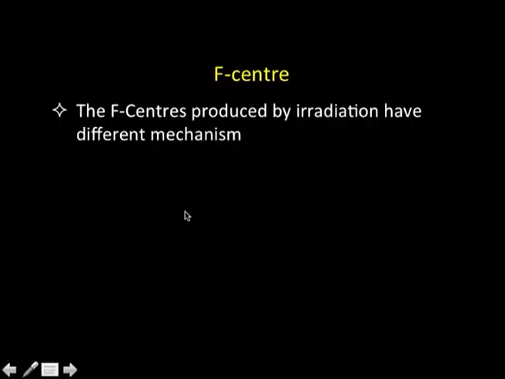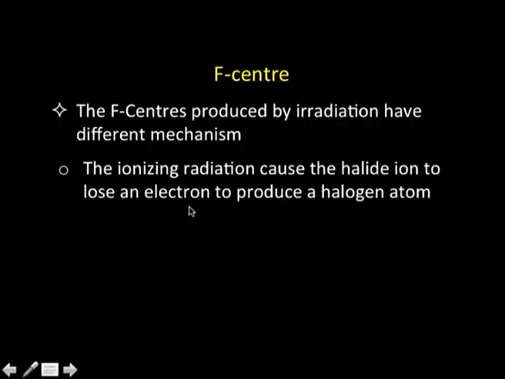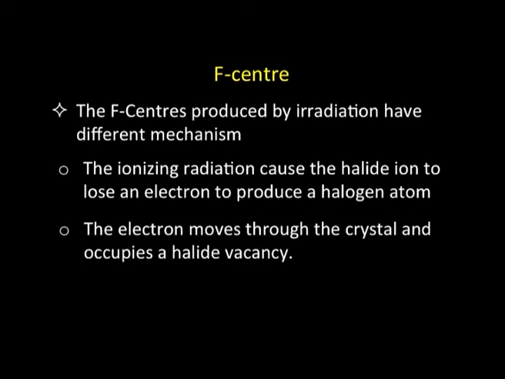But the mechanism of defect formation in such cases happens to be different. The F centers produced by radiation have a different mechanism. The ionizing radiation causes the halide ions to lose an electron to produce a halogen atom. So the halide ion loses an electron and becomes a halogen atom, and the electron moves through the crystal and occupies a halide vacancy.